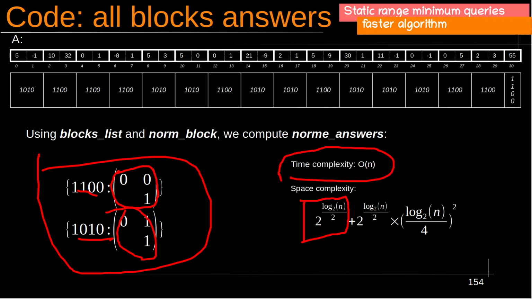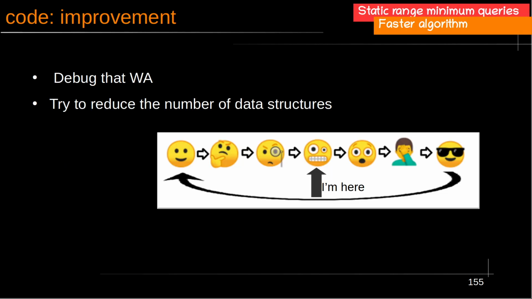So guys, sorry for that, but I have to debug that wrong answer to know what's the source of the cause of that wrong answer, and also let's try to reduce the number of data structures.